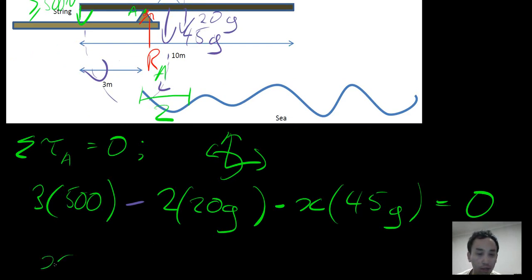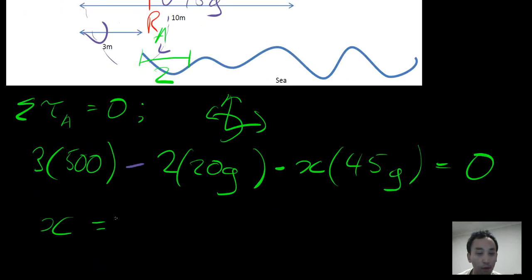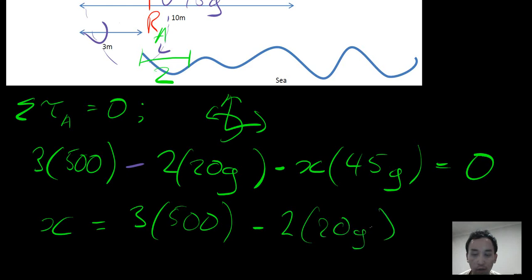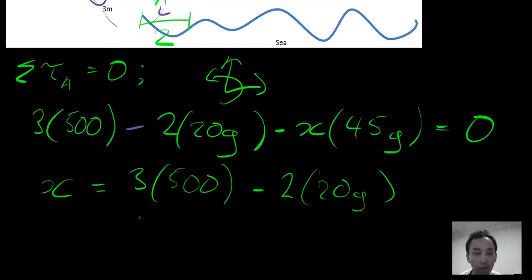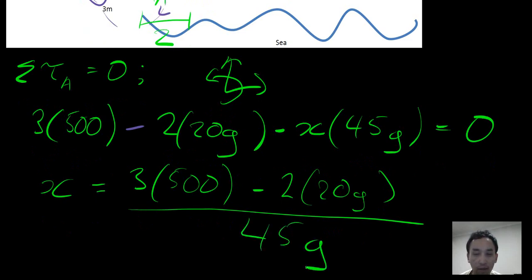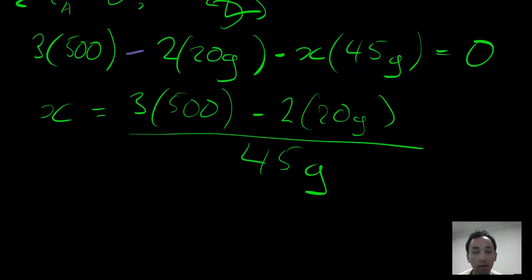I'm going to move 45gx onto the right side, and what we're left with is 3 times 500 minus 2 times 20g, divided by 45g, which is the coefficient of x. This is the value of x when the tensile force in the string is exactly 500.